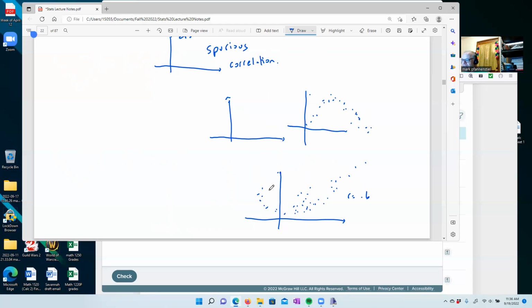The question you can ask is, well, what led you to believe that there's a linear relationship between these two variables? I mean, yes, you do have a correlation, but I'm looking at the scatter plot, and I don't see a linear relationship here. So why would you think that that's the case?